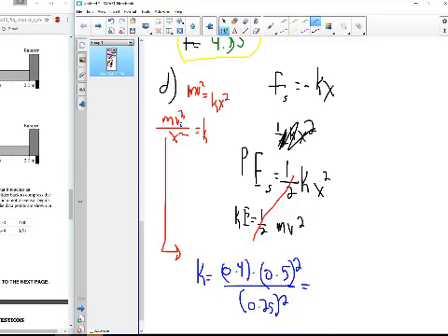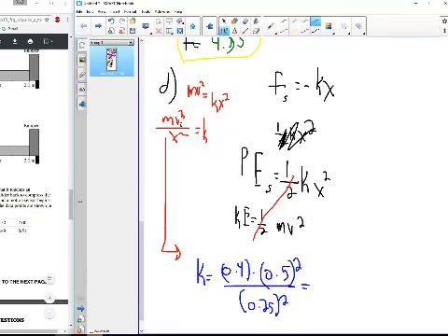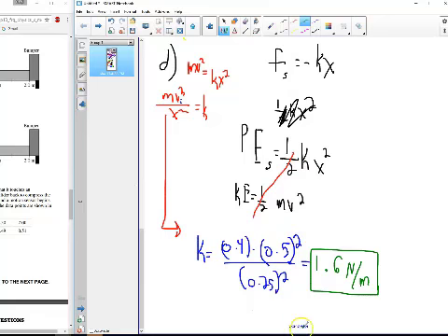And so when you plug that all into your calculator, you should get 1.6 Newton meters. And make sure you always include units on the actual EP. Boom, there we go. All right, that's part D.